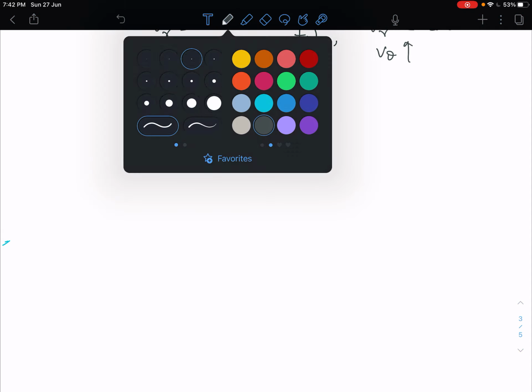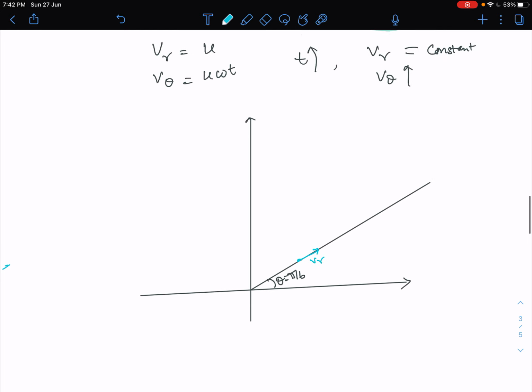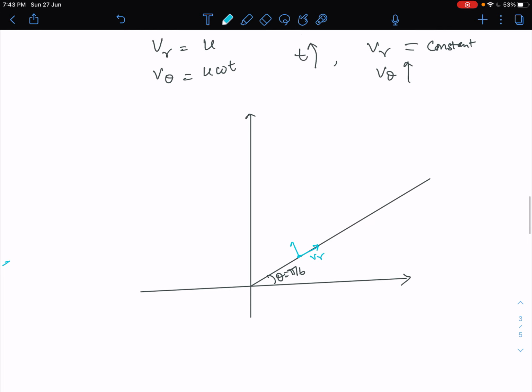Let us take the coordinates to be x and y. Let's say at theta equals pi by 6 the particle is here, and initially Vr will be larger than Vθ. So the velocity will be inclined towards Vr.